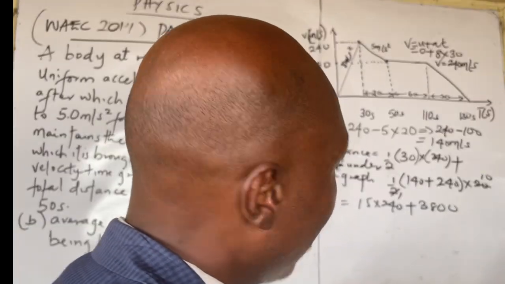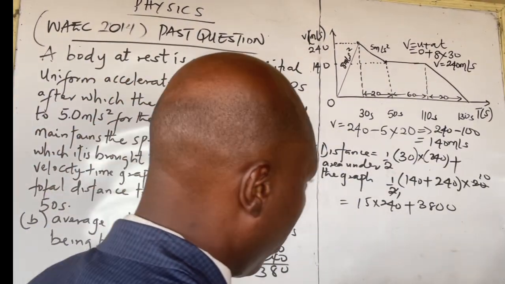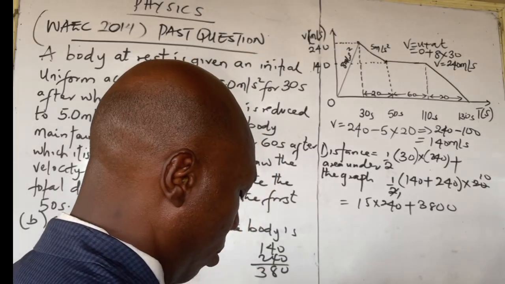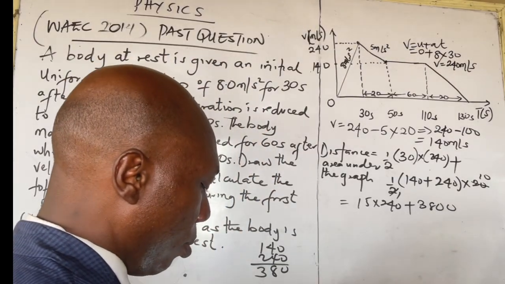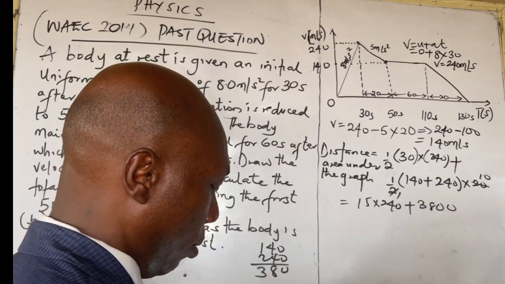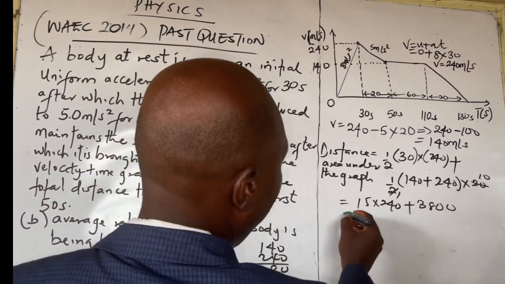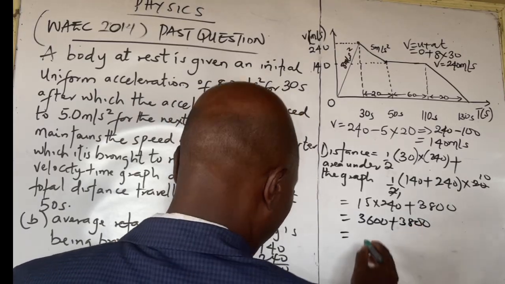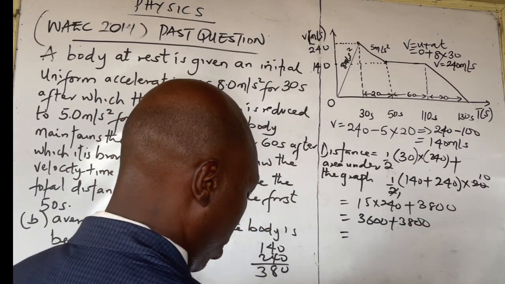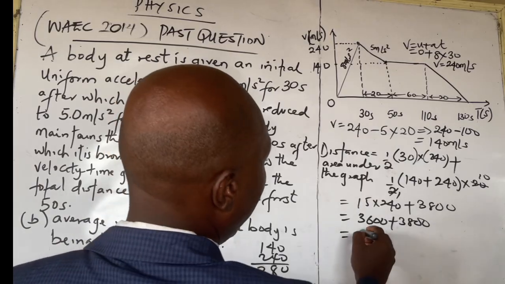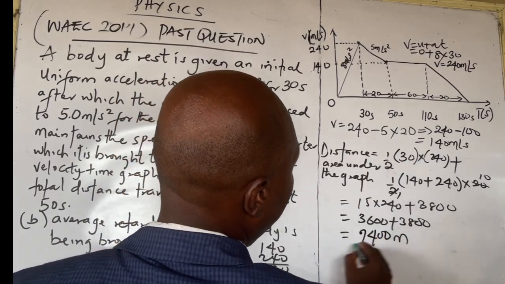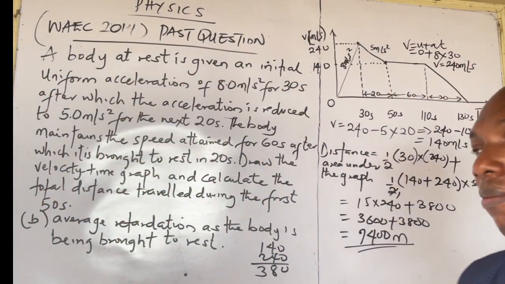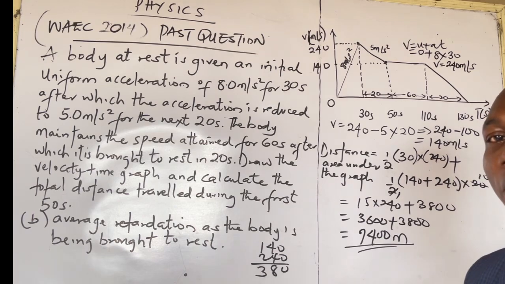We have 15 times 240, that's 3,600, plus 3,800, so that will give you 7,400 meters. So the distance covered in the first 50 seconds under the velocity time graph is 7,400 meters.